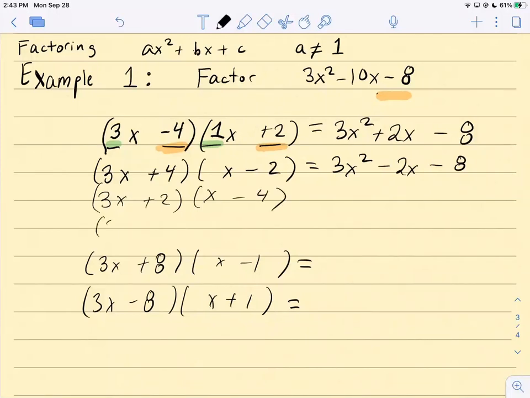And then I can also do 3x minus 2 times x plus 4. Three x, yeah, so 10.